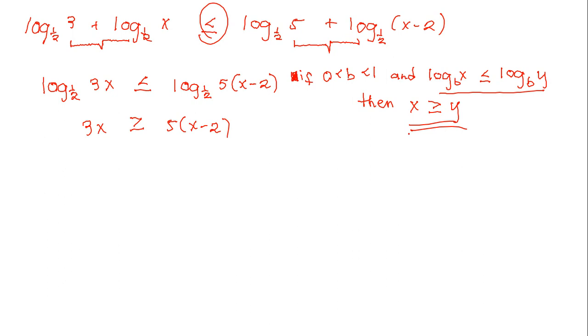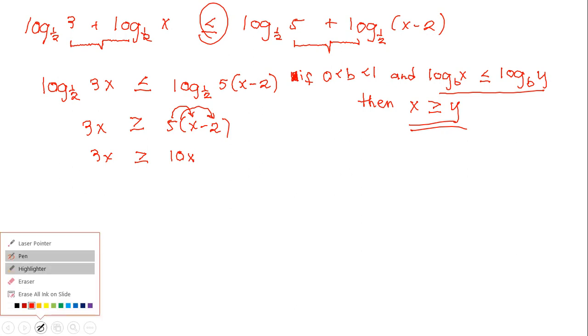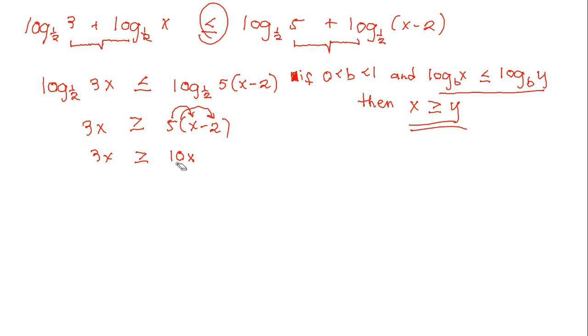Okay? After po nun, we will be distributing this positive 5 inside the parenthesis. So, 5 times x and then 5 times negative 2. So, 5 times x, sorry, we have 5x. I do apologize. Okay? And then 5 times negative 2, we have negative 10. So 5x minus 10.